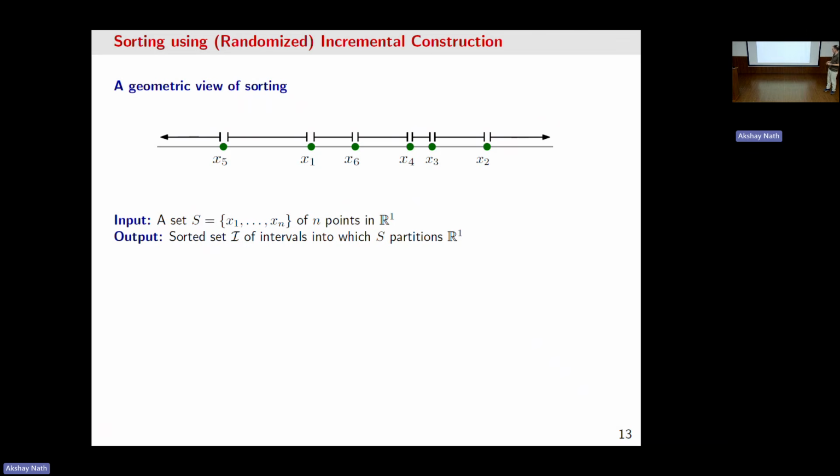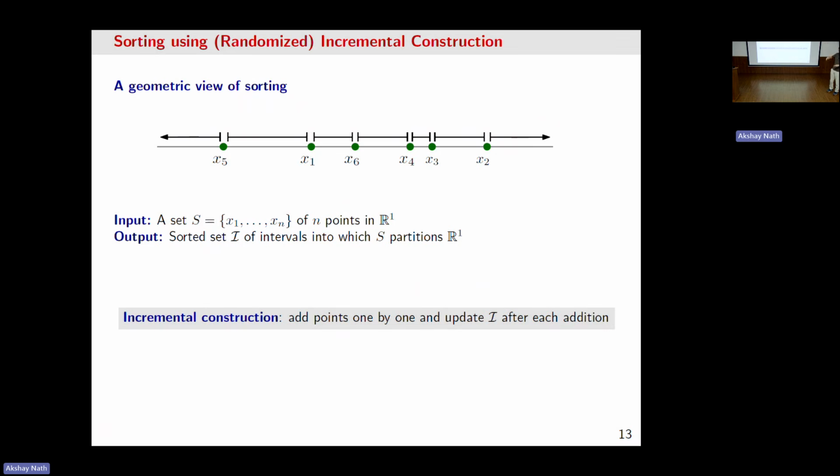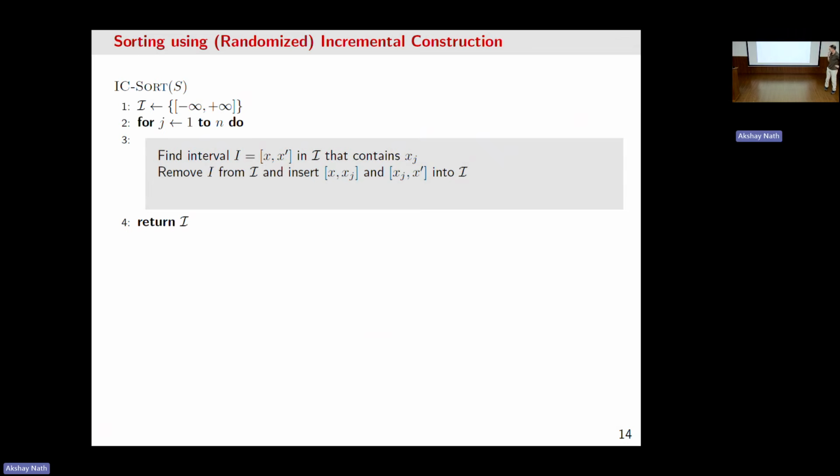Now the goal is to compute this set of intervals, and we're going to do that with an incremental algorithm. We're going to add the points one by one and update the set of intervals after each addition. Here's what we do.